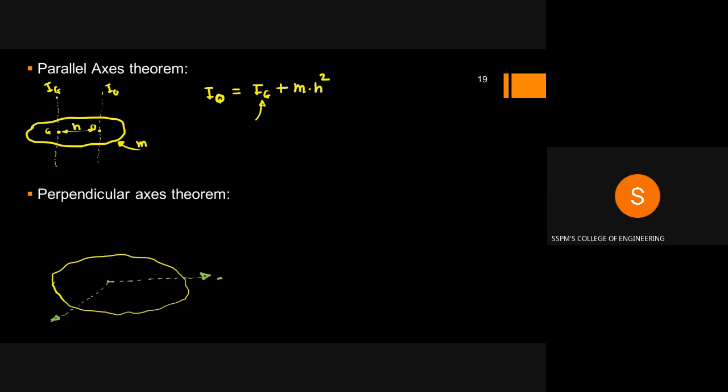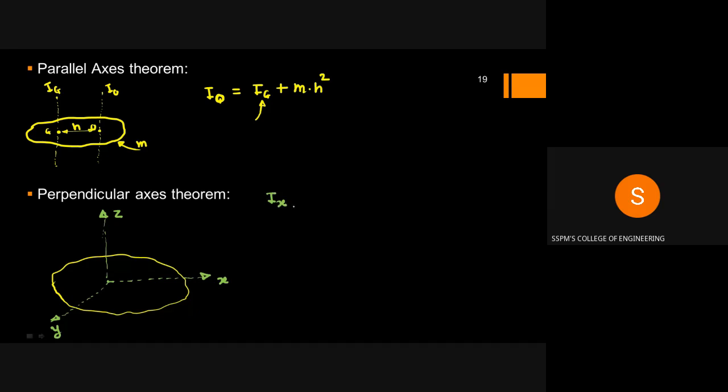Let us take this axis as x, this is y, and this is the z axis. Okay, so these are three mutually perpendicular axes. X and y axes lie in the plane of the rigid object, and z is perpendicular to the plane.